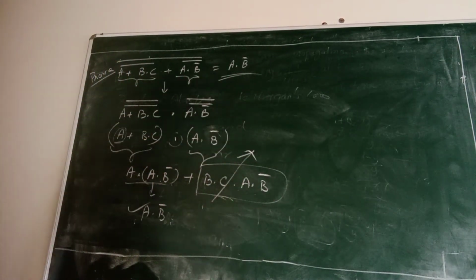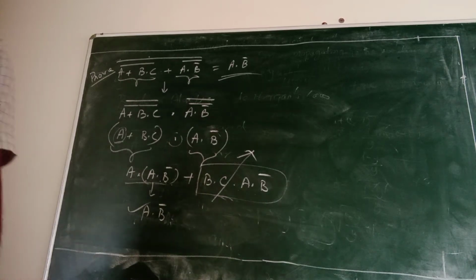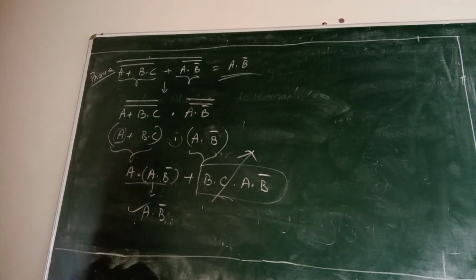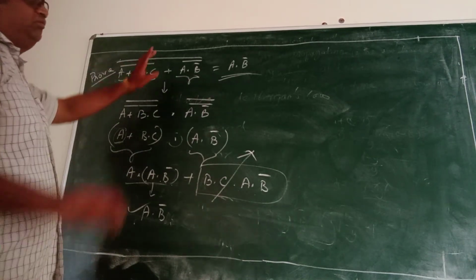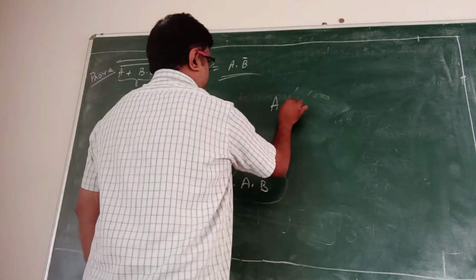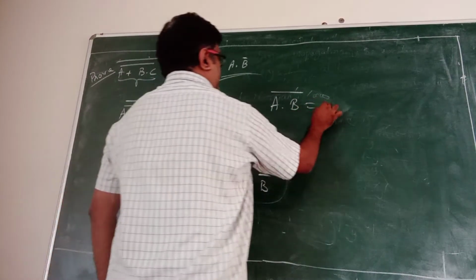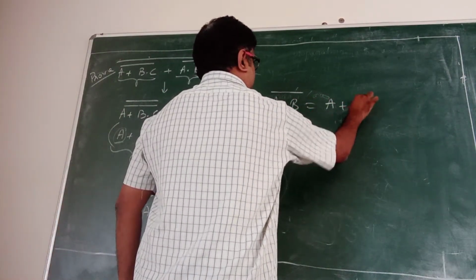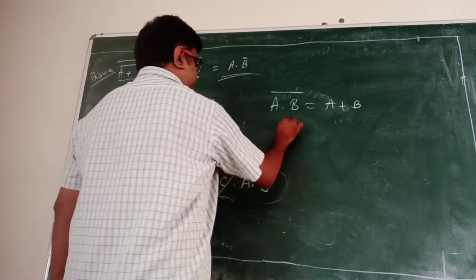So this is how you operate with Boolean algebra, and you should know De Morgan's law, how it is applied in this case. The De Morgan's law, when you are breaking this bar, you have to change the operator. Okay, remember this rule: A dot B whole bar is equal to A bar plus B bar.